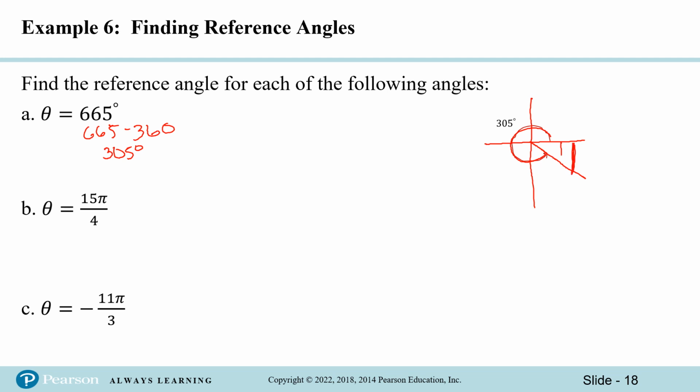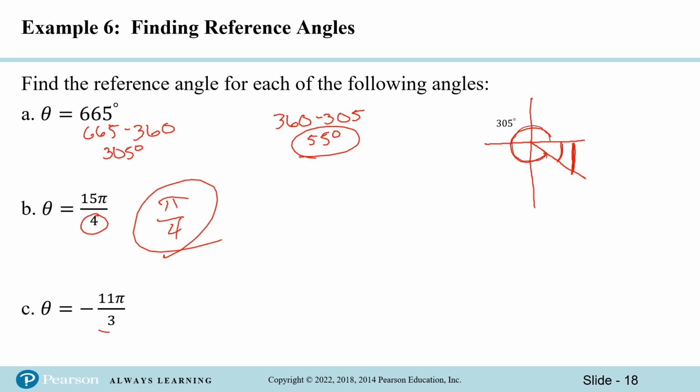And I need to get this one, so that's my 360 minus 305, which gives me a 55-degree reference angle. Oh, look, it has pi over 4. Oh, look, it has a 3, pi over 3. I told you you're going to like radians.